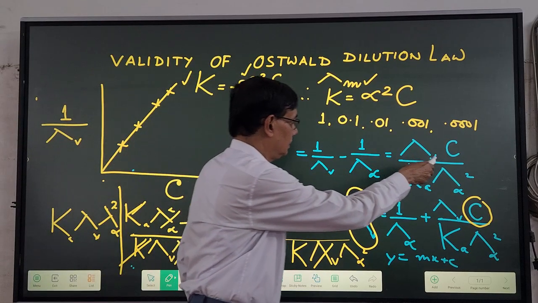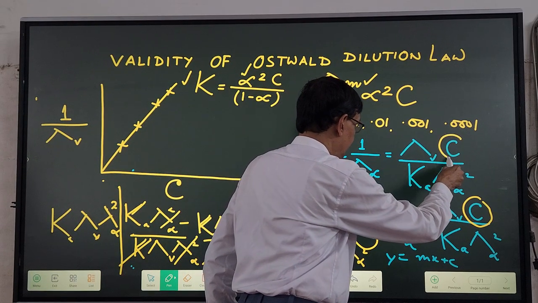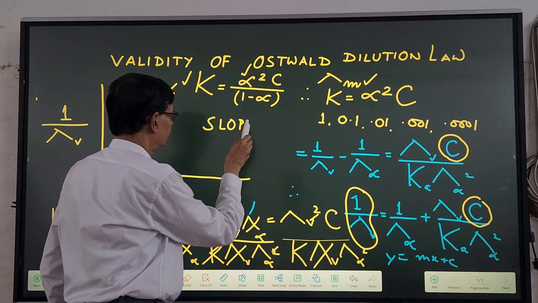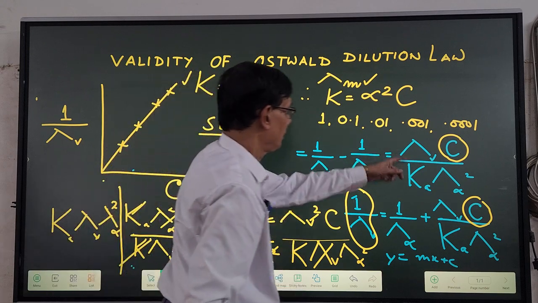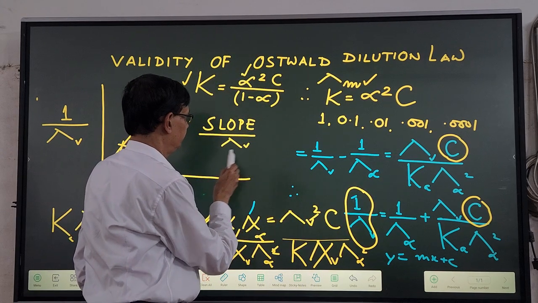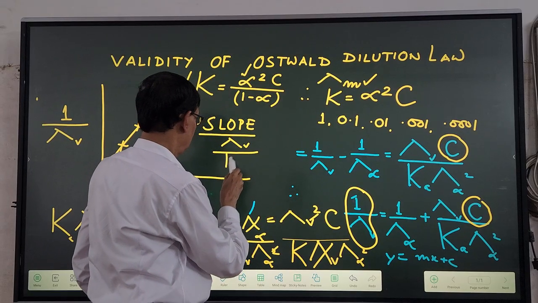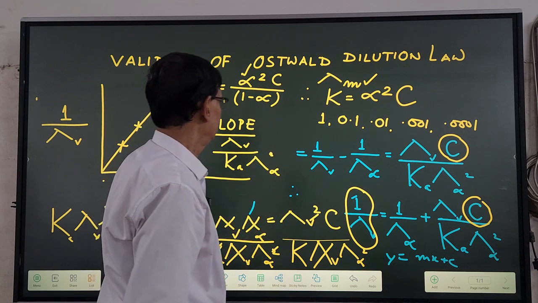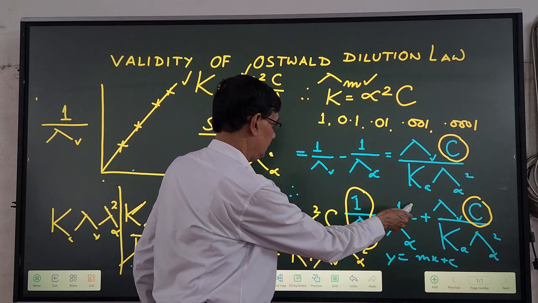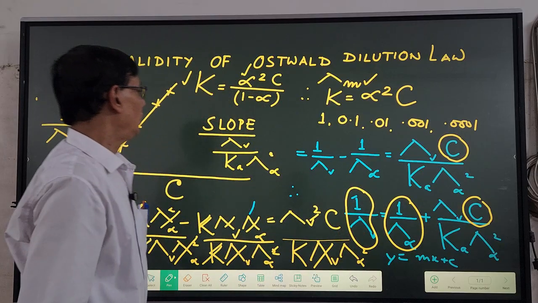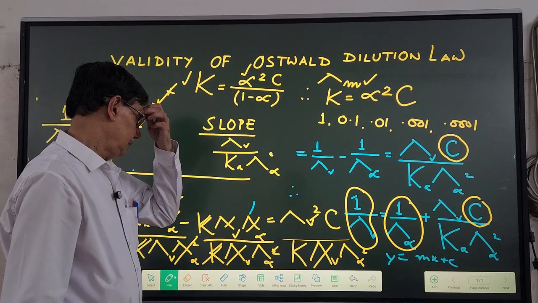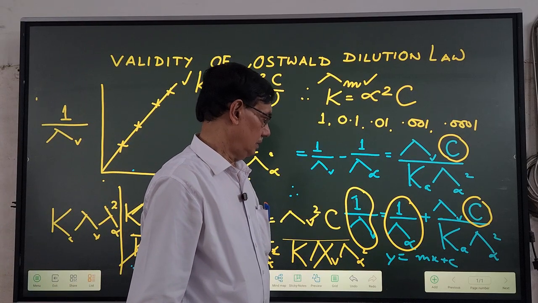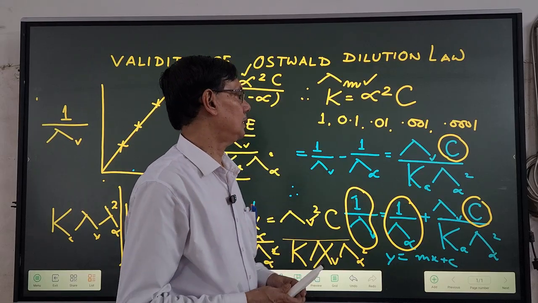And if it is mx, so this is the slope, which will be 1 by K lambda infinity square like that. And this is the intercept. So with the help of the intercept and slope value, you can also calculate the dissociation constant or the molar conductance or equivalent conductance at infinite dilution.